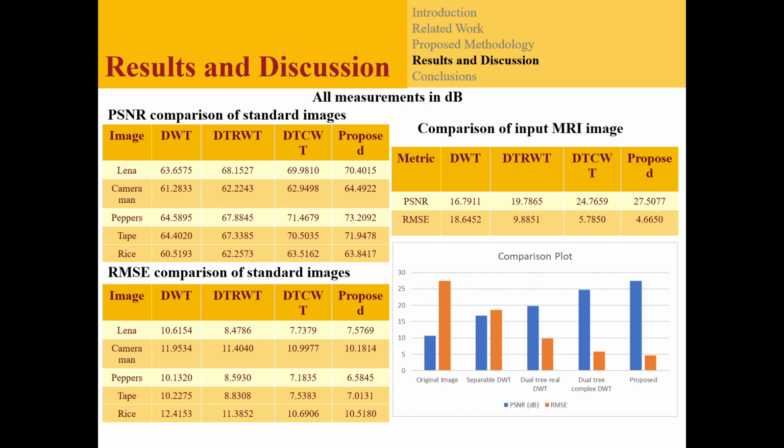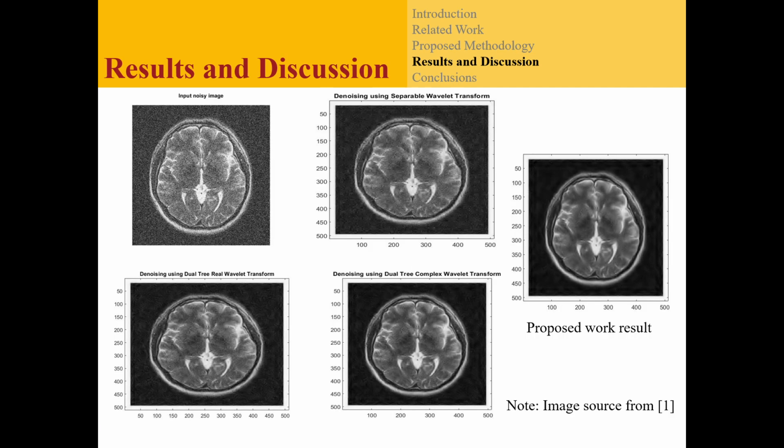And we have also done this on brain MRI, which also shows that the dual tree complex wavelet transform values are nearer to the proposed values. We can see from the images, where a noisy input is given and we have applied all 3 techniques, that the complex wavelet transform technique is more eligible and clearer and has more detail.